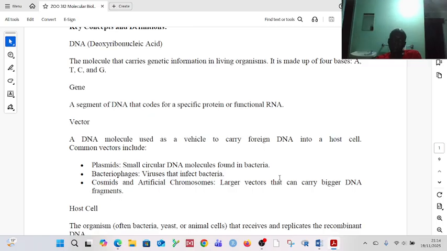We know, for example, that RNA also carries genetic information, but the difference between DNA and RNA is in what they are constituted by. DNA is made up of 4 bases, that is adenine, thymine, cytosine, and guanine. For RNA we will not have thymine, instead we'll be having uracil.